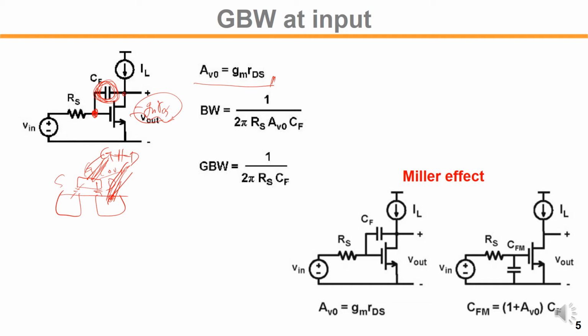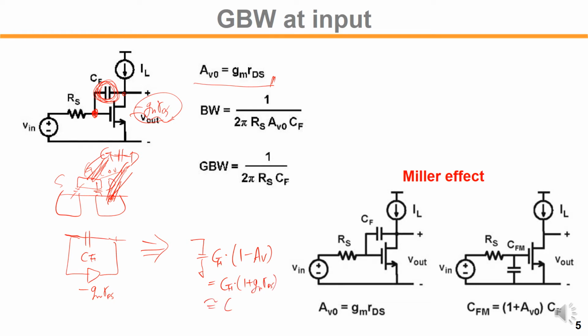If you have a CF between here and there, with a minus GMRDS gain, then the equivalent grounded capacitance would be CF times 1 minus AV. So that is CF times 1 plus GMRDS, which is approximated by CF times GM RDS.